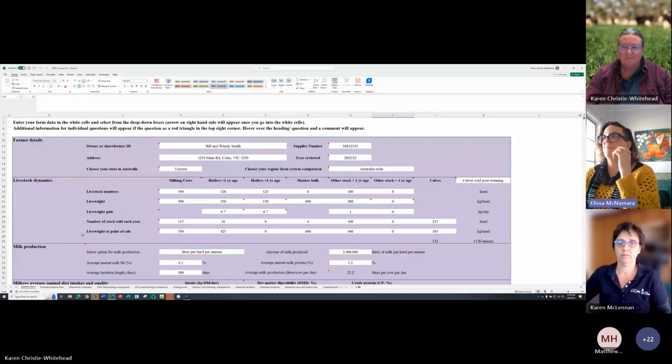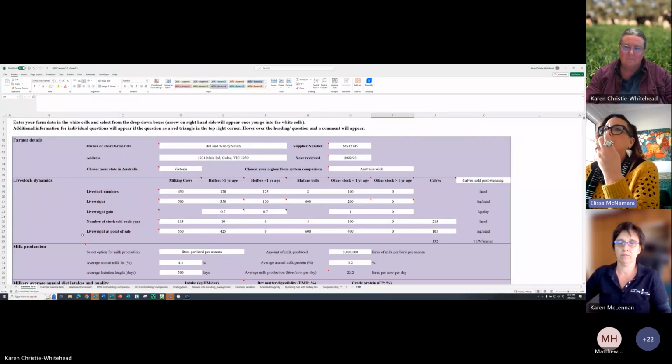And just to build on that point, obviously we have some farmers who are extremely motivated by what's happening in the environment, and they might be very specifically interested in what they can do right now to reduce their emissions.